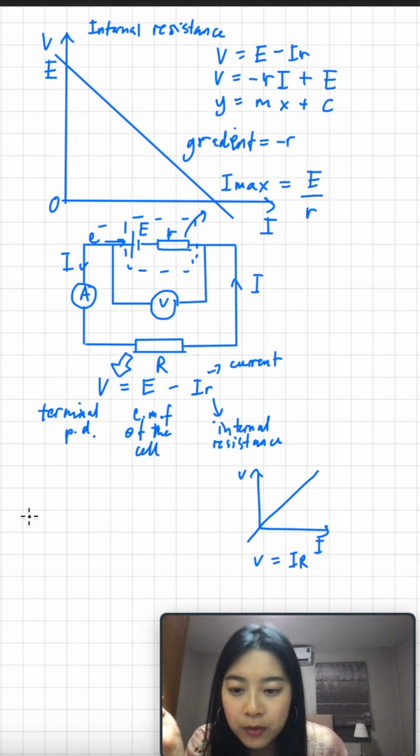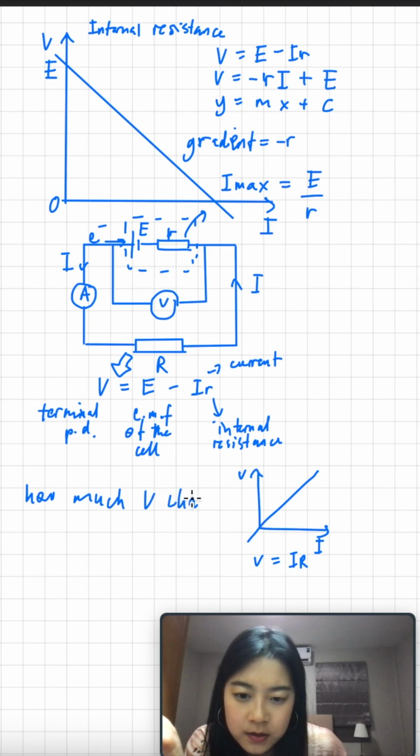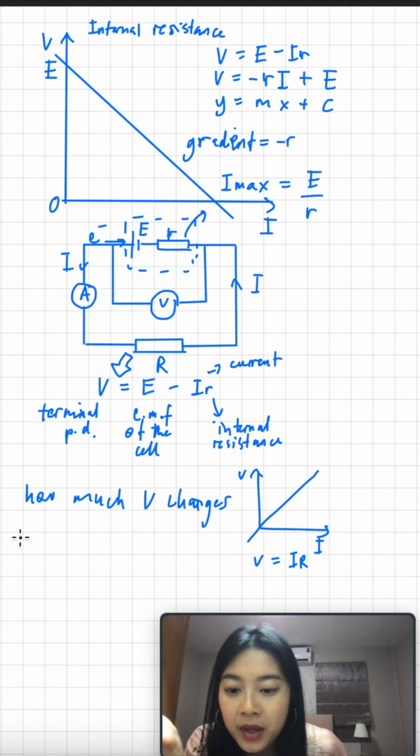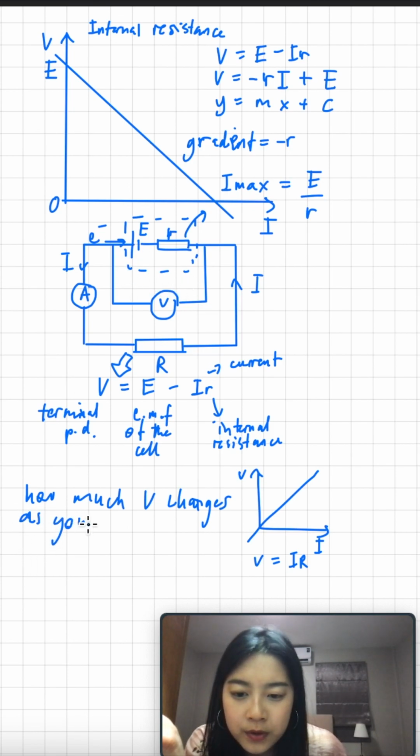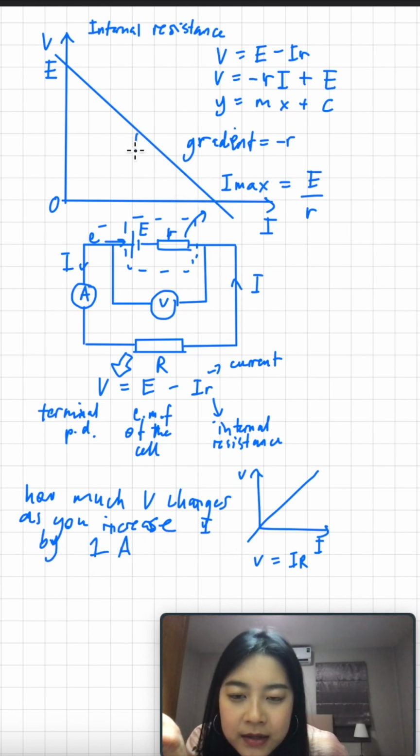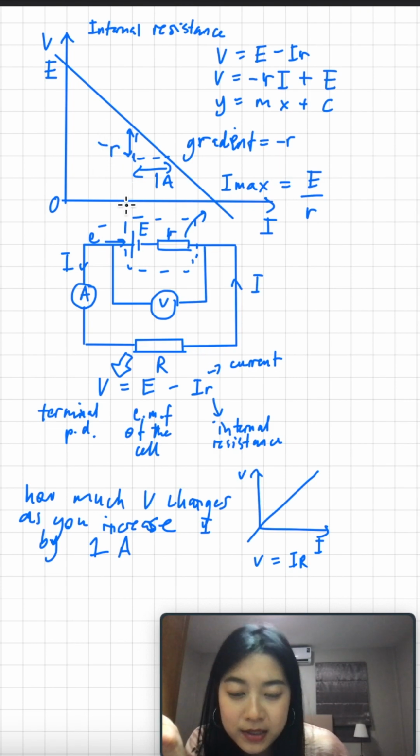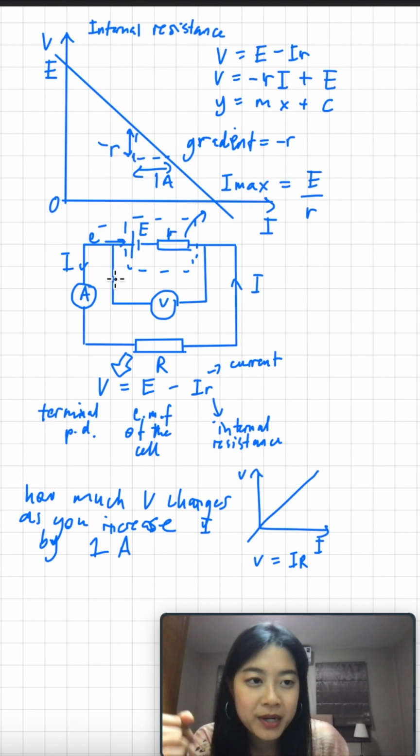So it's how much V changes, and V is the terminal PD here, as you increase I by 1 amp. As you go across 1 here, what is this change here? And we already know it's minus r. So V decreases by r.